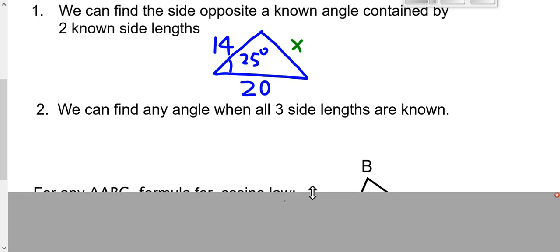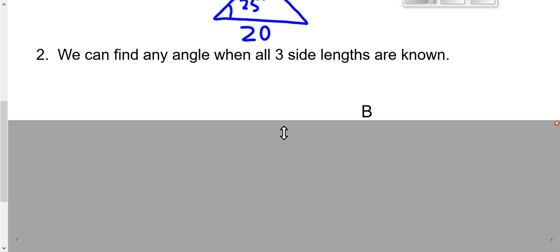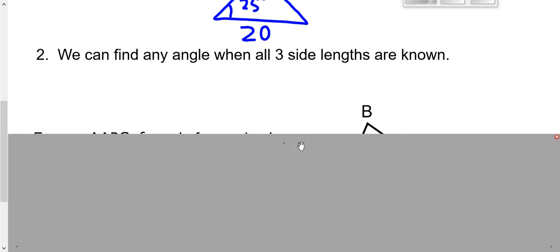So second scenario: we can find any angle when all three side lengths are known, like this. We can find any angle here, here, or here.